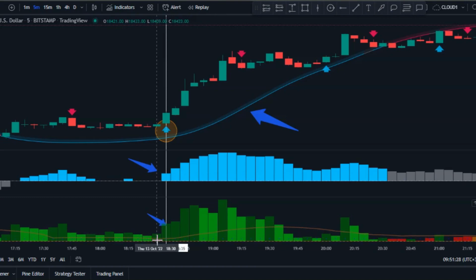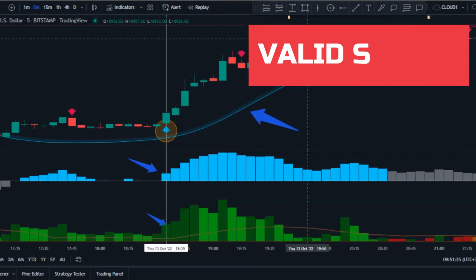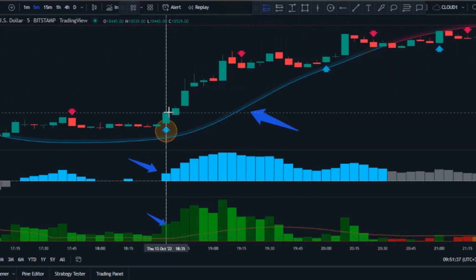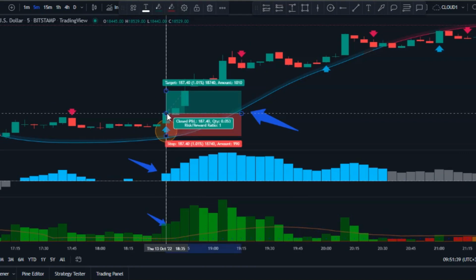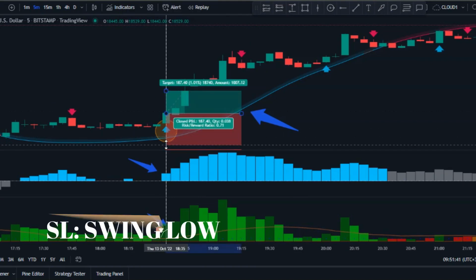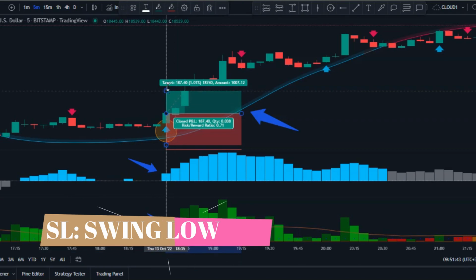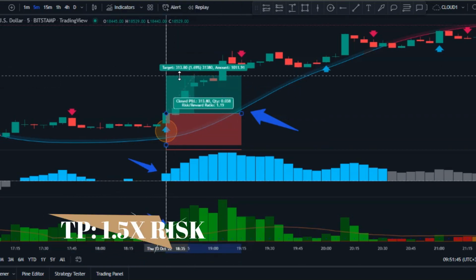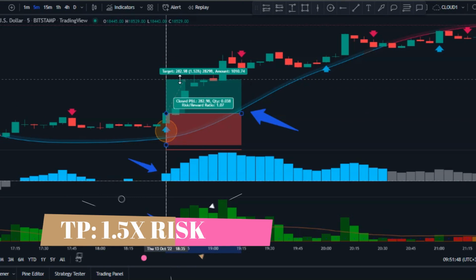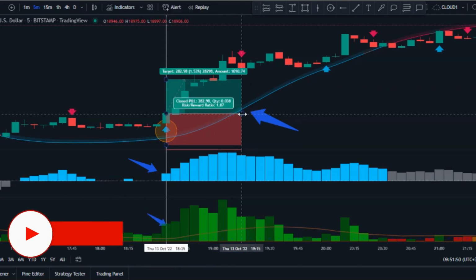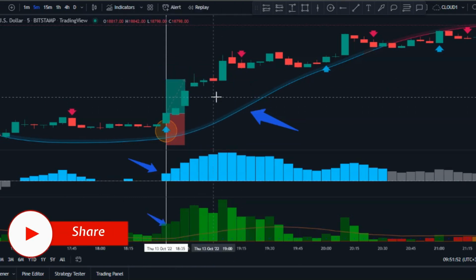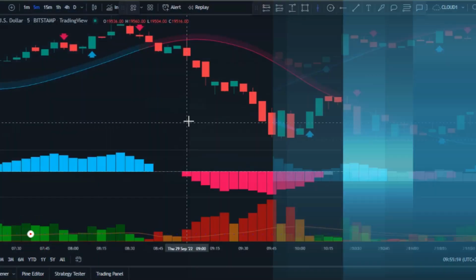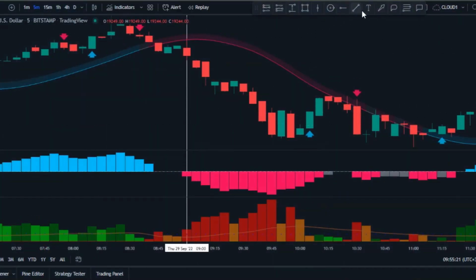So when all these conditions are fulfilled, we have a valid buy signal. So we can place our buy order at the close of the trigger candlestick. And the stop loss would be just underneath the recent swing low. And we're going to use 1.5 times the risk as our take profit for this strategy. And exactly opposite is true for short trade.